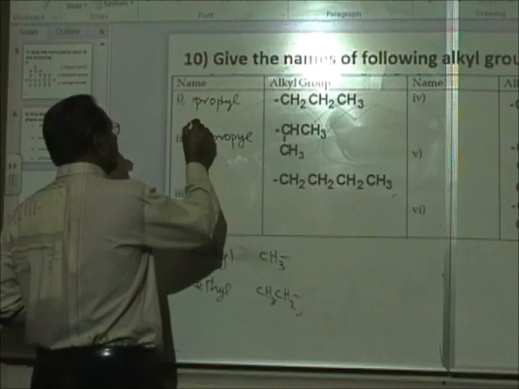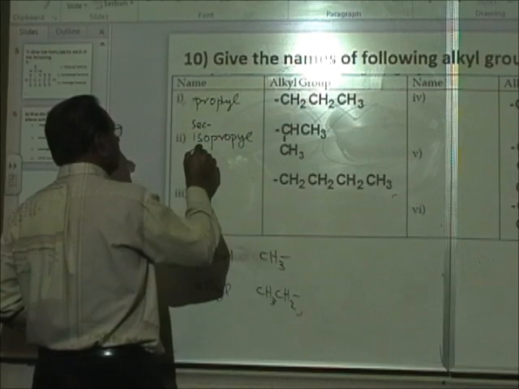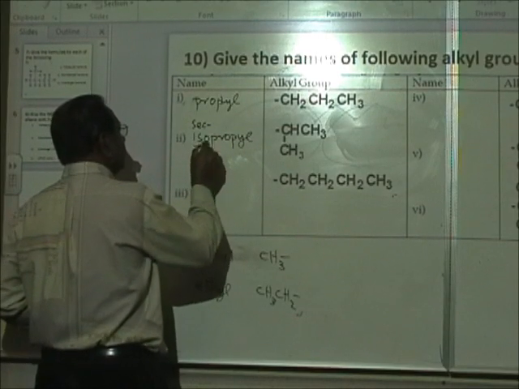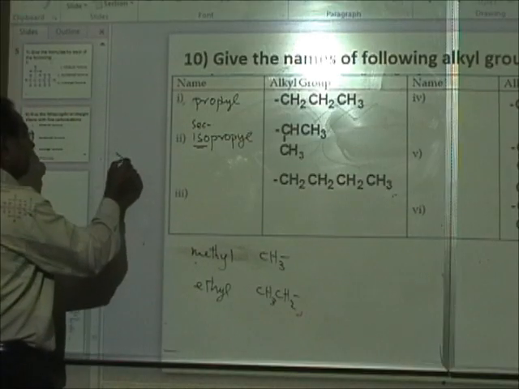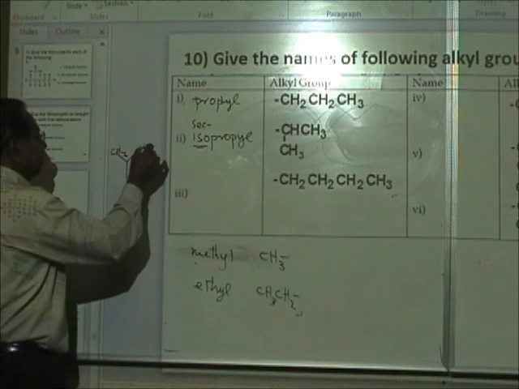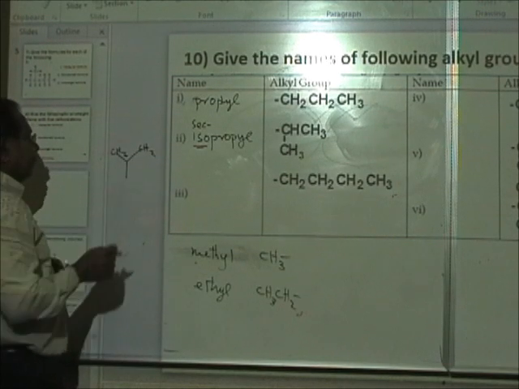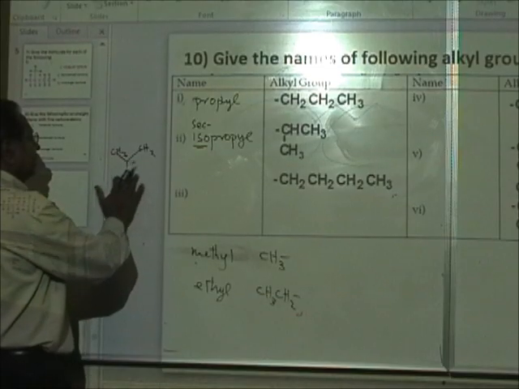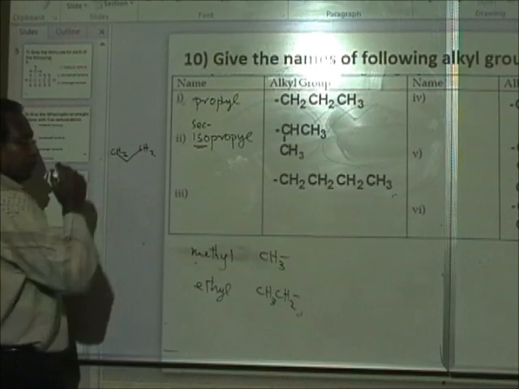Okay, this could have been sec, but you use iso. Normally in chemistry, when you have a CH3 group and CH3 group like this, it's called isopropyl. This part here is called isopropyl.